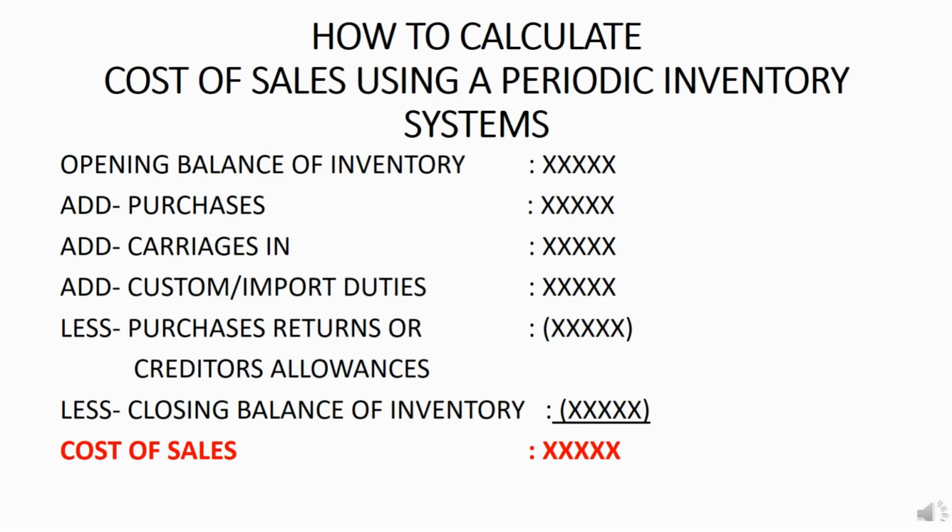We less that amount of money because above we said add purchases, but if there are returns, we need to less these returns so that we only add the cost of goods that were bought, excluding goods that were returned.